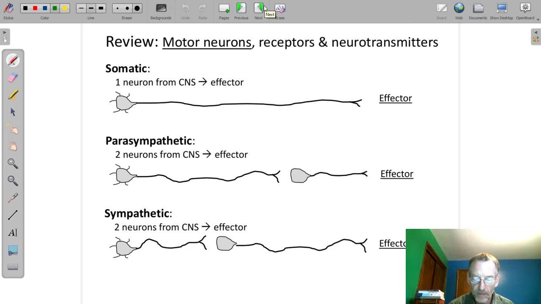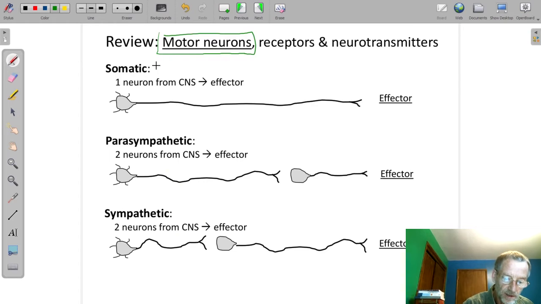Here we can talk a little bit about neurotransmitters and receptors. Again, keep in mind when we're talking about motor neurons or motor pathways, if we're talking about somatic motor, these are voluntary skeletal muscles.